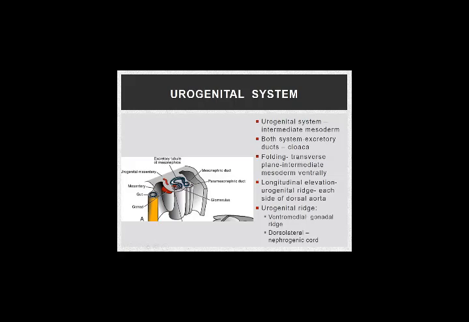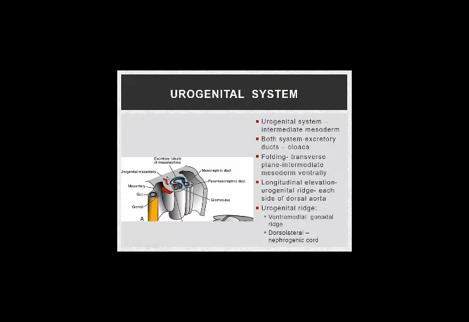This longitudinal elevation is called the urogenital ridge. This urogenital ridge is then divided into a ventromedial part, which becomes the gonadal ridge, and a dorsolateral part, which develops into the nephrogenic ridge.